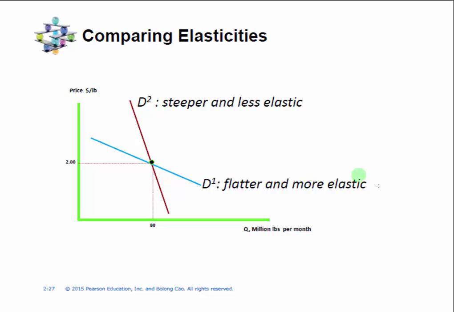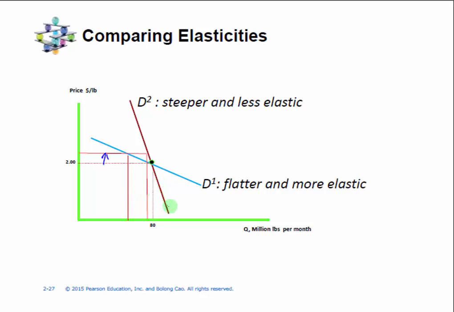And let me draw it for you. So let's say the price increased by a little bit. Okay. And then for D2, this will be the new quantity demanded. For D1, the new quantity demanded is here. So for the same price increase, let's increase the price by this amount.